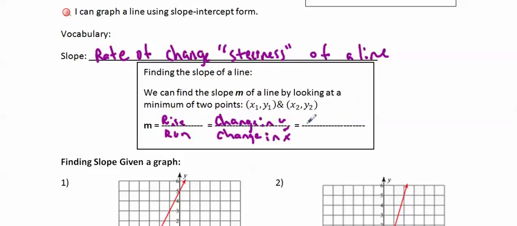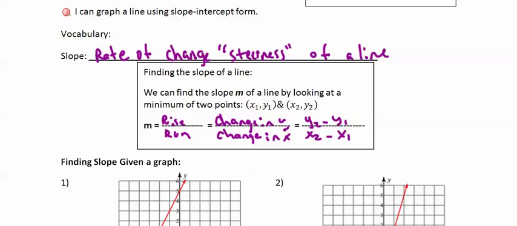And we represent changes using subtraction. So I subtract where I was from where I am, right? So at y2, I take y2, where I went, minus where I was before, minus y1. That's the change in y. And then the change in x will be x2 minus x1. Okay, so where I am now versus where I was before, that will represent how much x was changed.